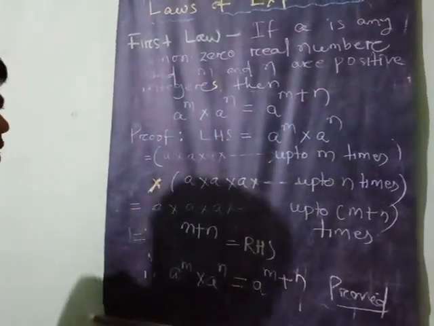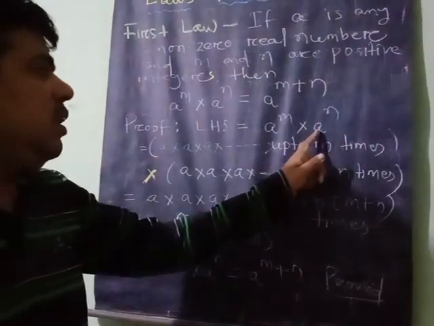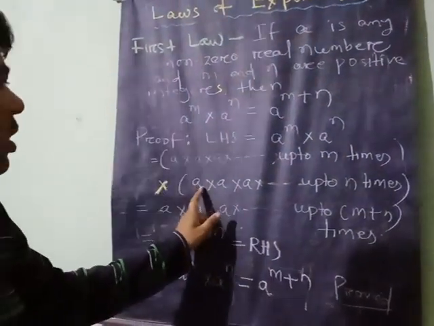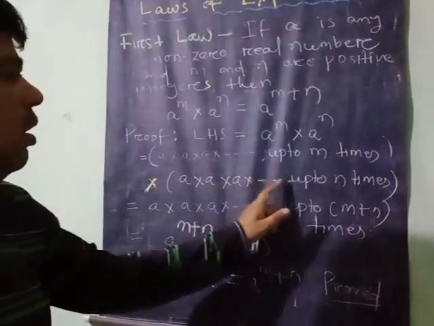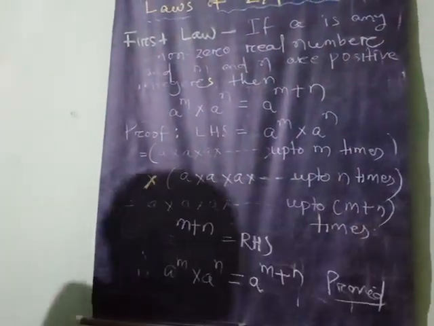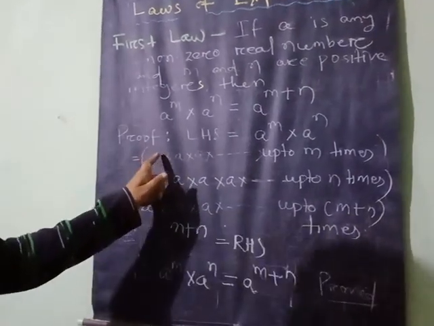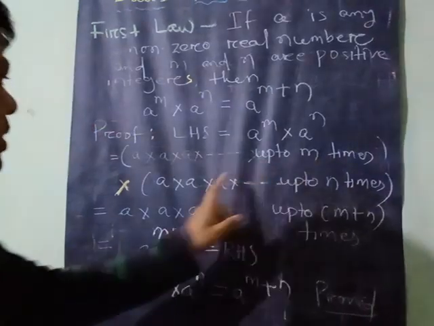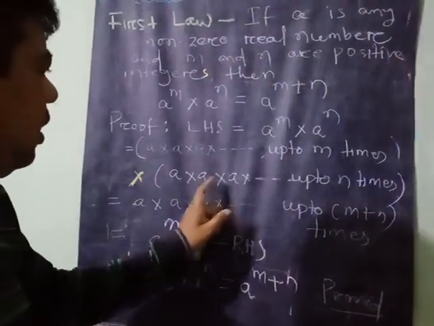Similarly, a to the power n means the base a undergoes multiplication n times. So a into a up to n times or n factors.